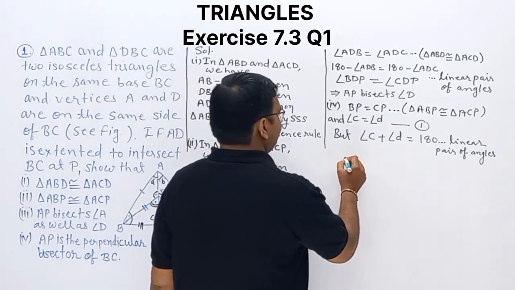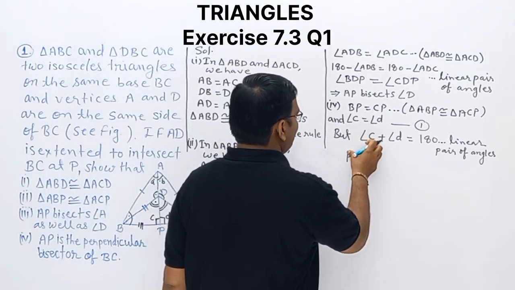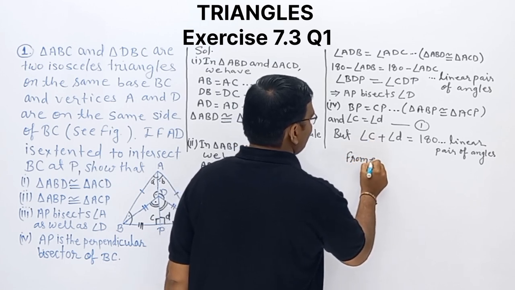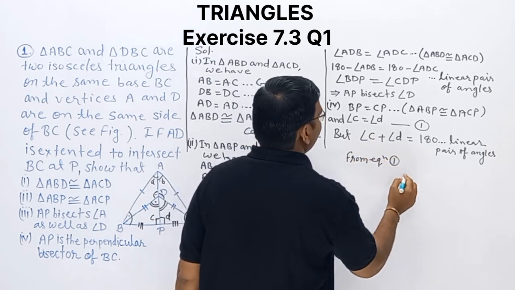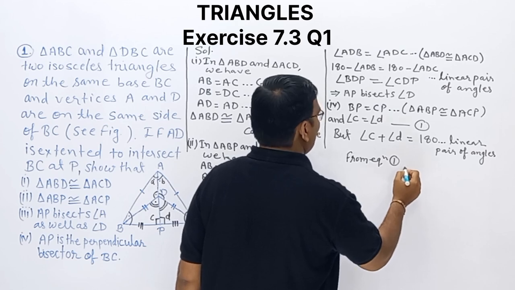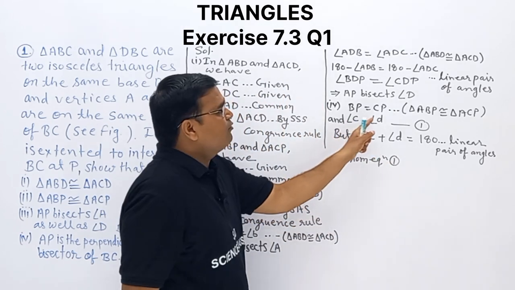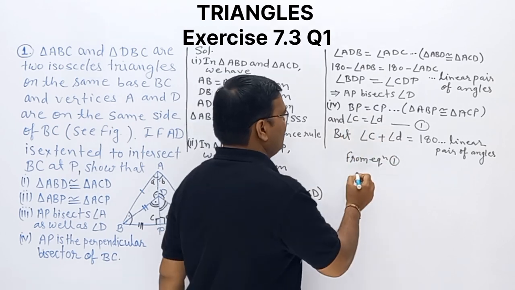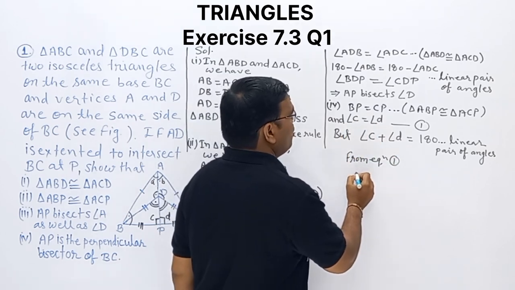From equation 1, angle C equals angle D. So in place of angle D we are writing angle C. What are we getting from equation 1?